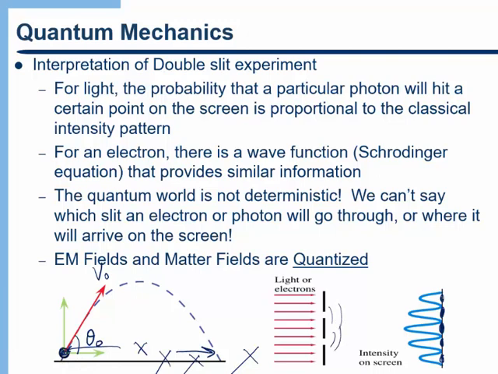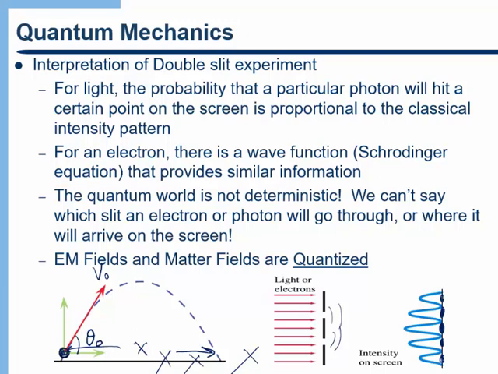But only when that electromagnetic field interacts with the screen, at that point, it has to be quantized. So it has to deposit an amount of energy at one point, and that's what we interpret as a photon or as an electron. So it's a strange universe. That's all I can tell you.